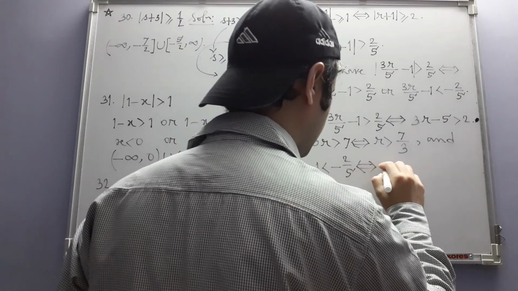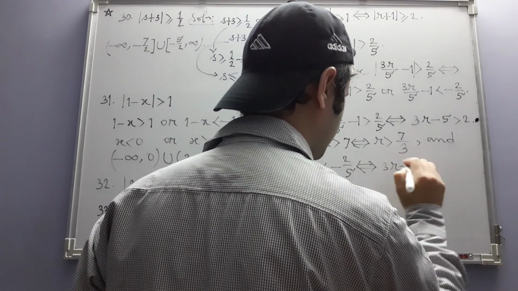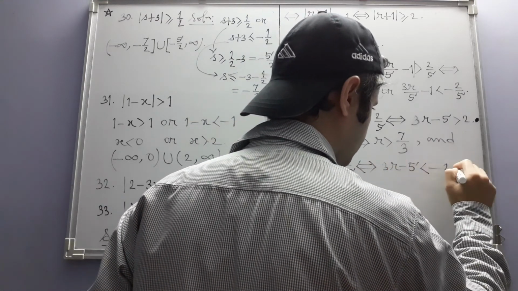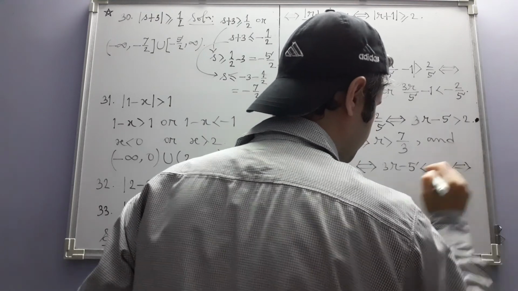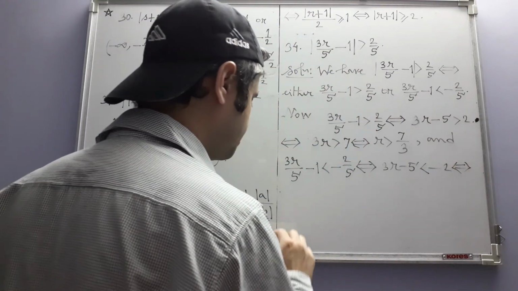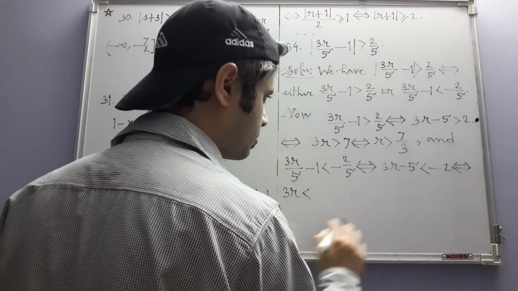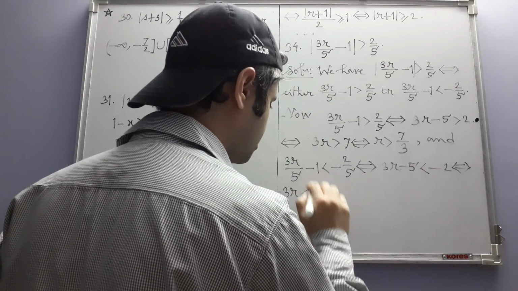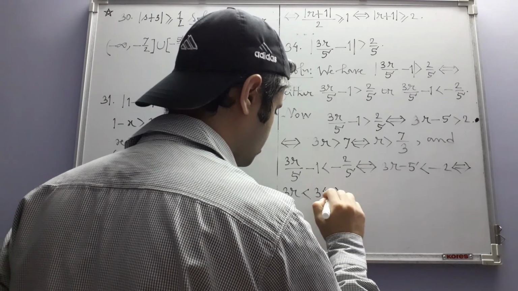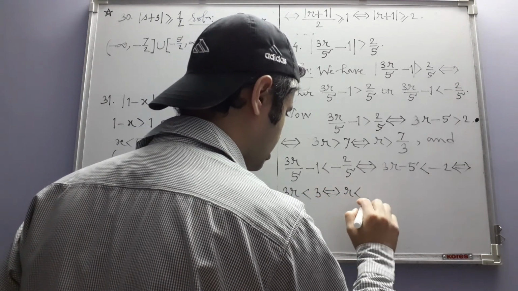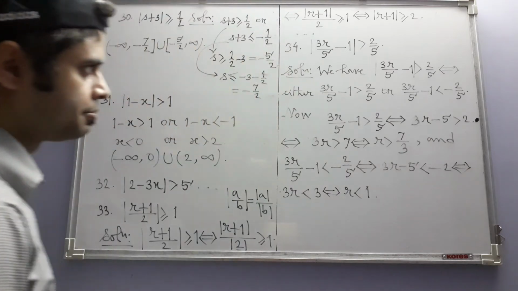Here also we will have 3r minus 5 is less than minus 2, and that is equivalent to, now since we have minus 2, so this will be 3, that is r is less than 1.